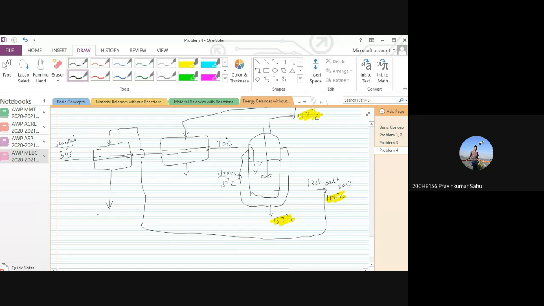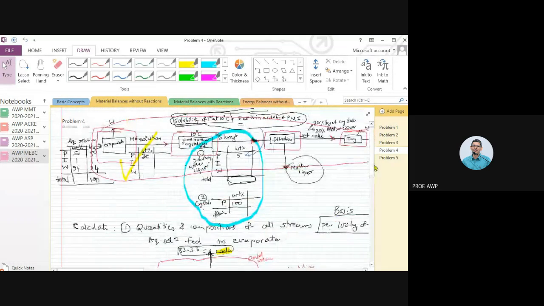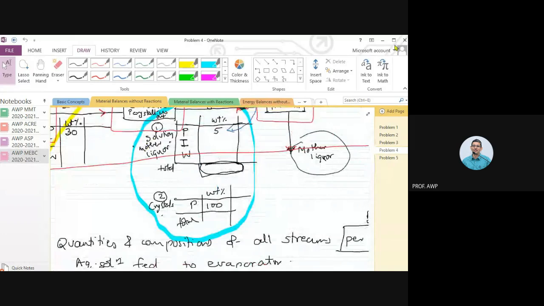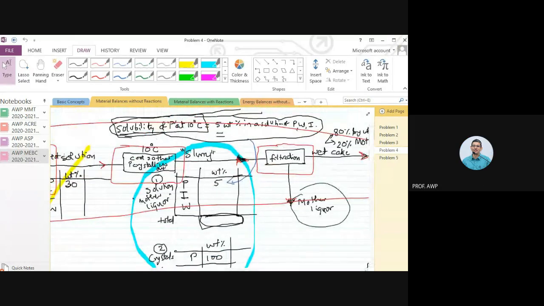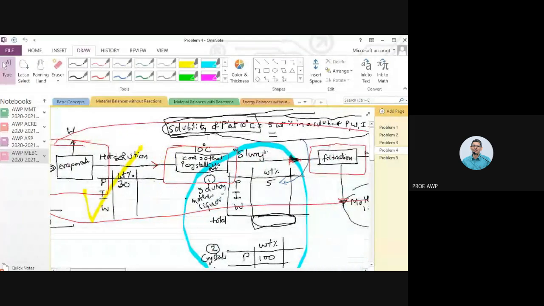Do you remember this problem? Yes, sir. Did we filter the hot solution or did we cool so that the salt crystallizes out?